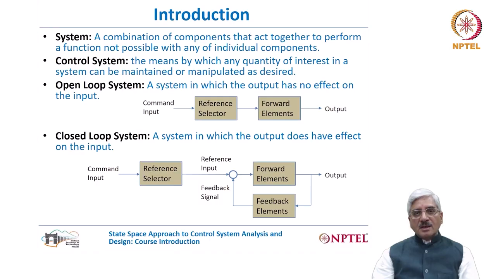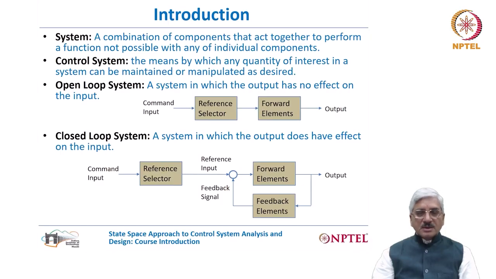For example, in an electromechanical system, there will be an electric circuit, a magnetic circuit, and some mechanical moving parts. So in real life situations, we have to deal with systems which are far more complex than what we study in textbooks. We will see in case of some of the examples.